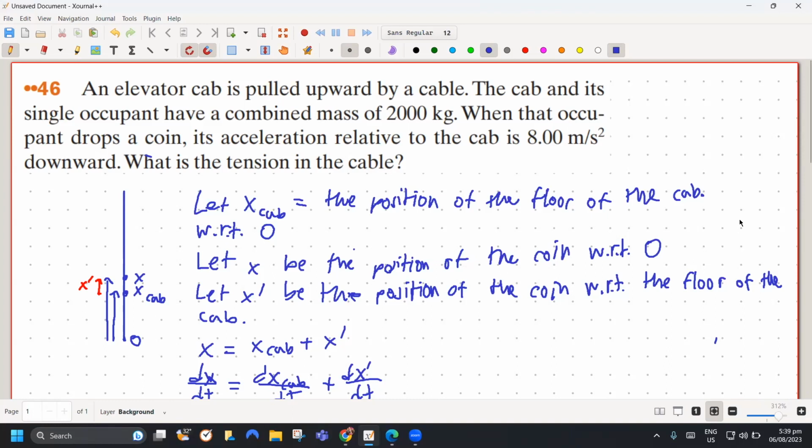Tingnan mo yung pinadala kong image ulit. Sa table na yan, saan mo ilalagay yung -8 meters per second squared?